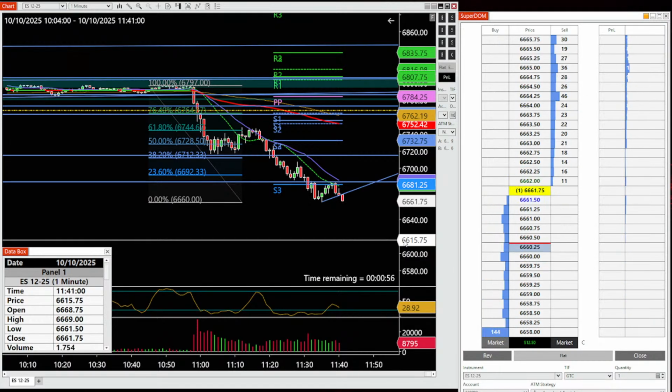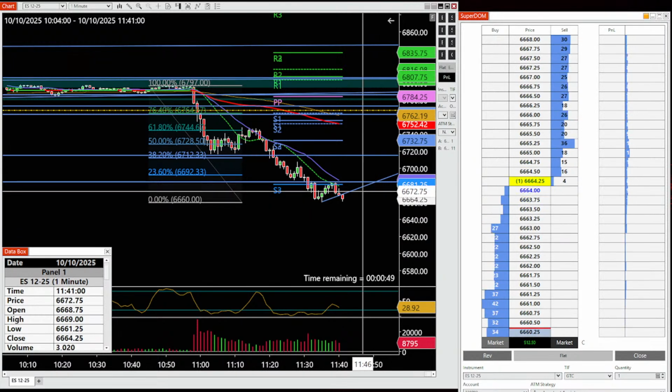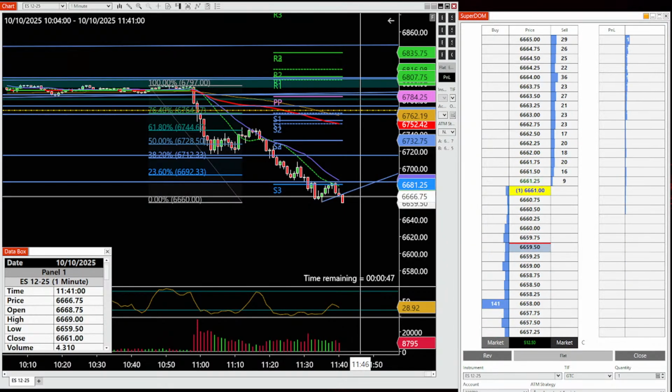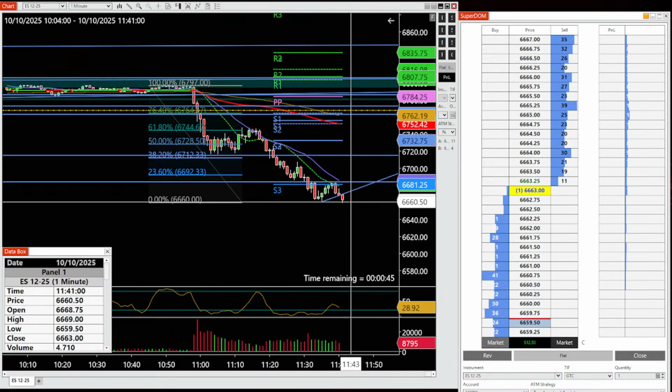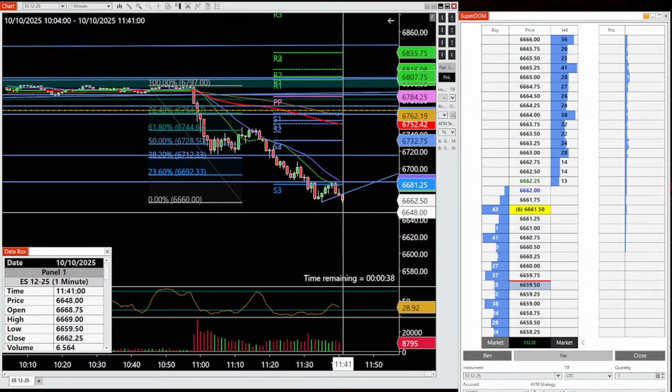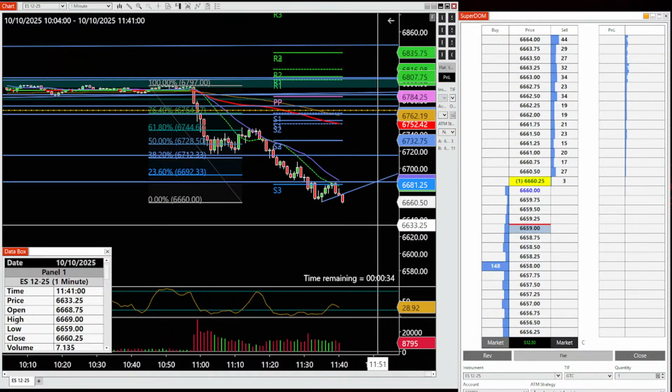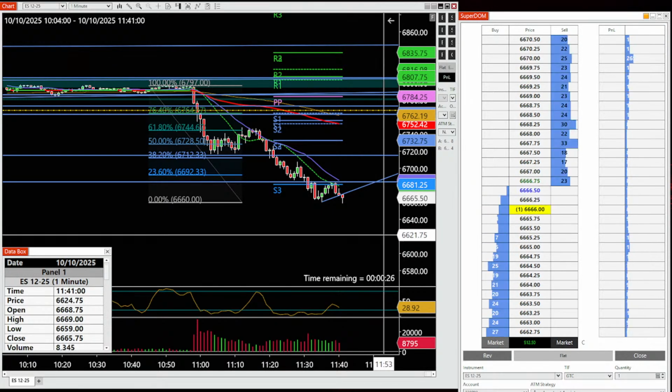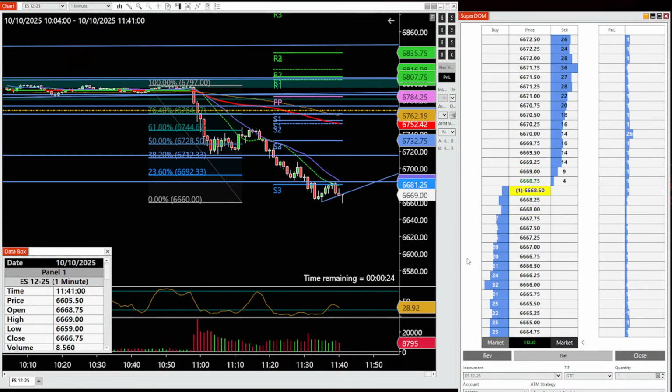Still going. So again, maybe, nope. Looks like it wants to break the low again. 60.25. 59.25. Double bottom.